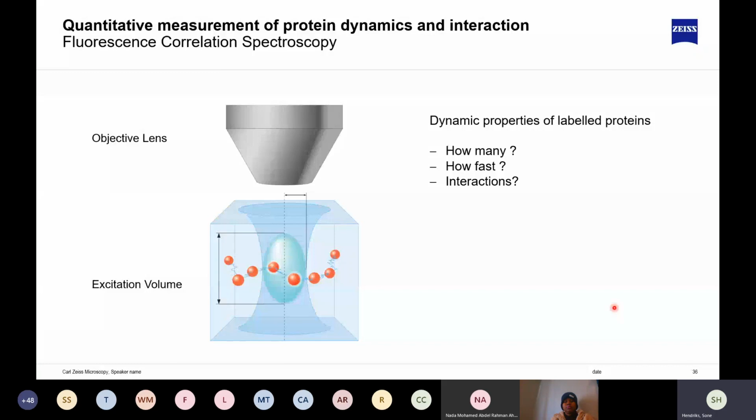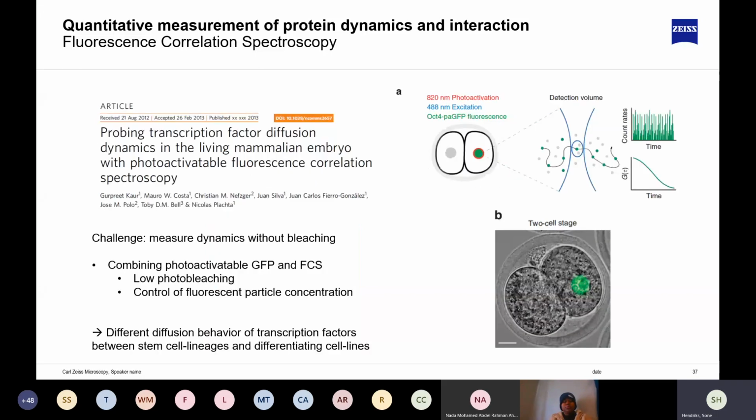And we do have a special module called FCS for the confocal microscope that you can do this with as well. The popularity of the method has been significantly increasing in recent years, with more and more groups using fluorescence correlation spectroscopy to further characterize their model systems.